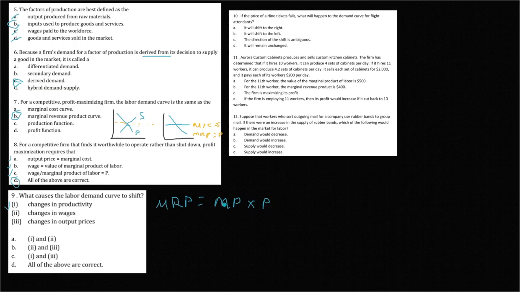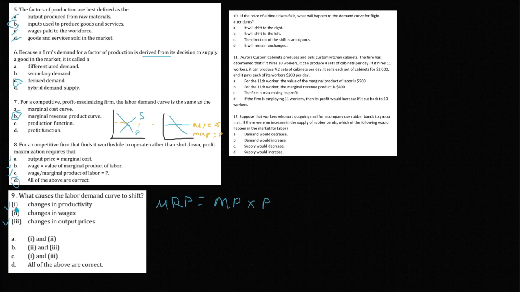And to shift the curve, the other thing that will change is the price. Whatever the output price is, I'm sorry. Basically, whatever you sell each of the things for, how much each of these workers are doing for you. So this is also true.